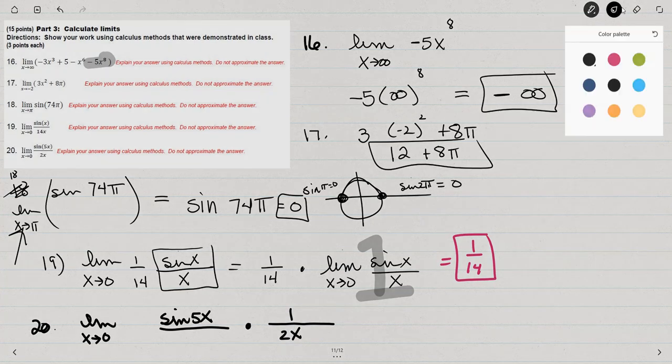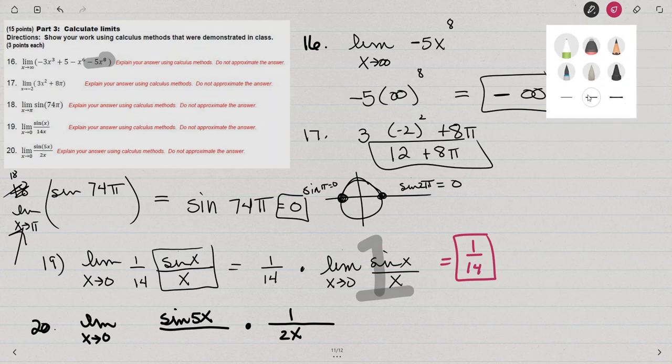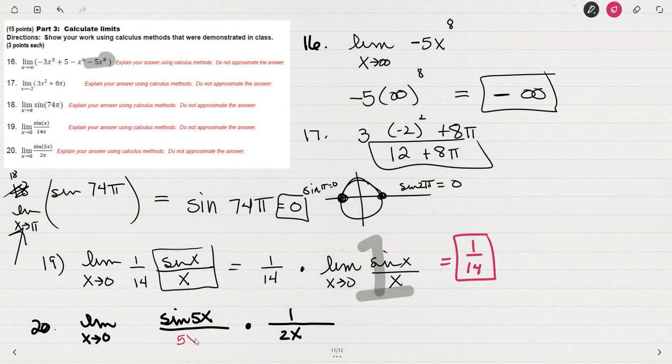There's a couple approaches you could take here. Here's one approach, is just put that 5x in here and then put it here. And you'll see that we end up with a 5 over 2 there.